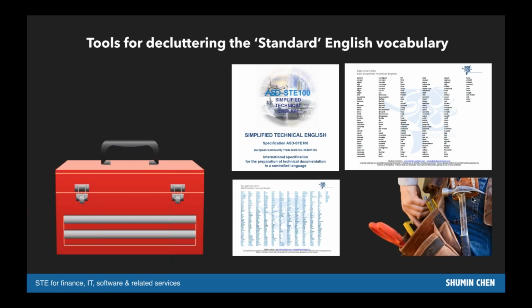So we introduced them to the idea of STE, and also showed that in order to declutter your standard English vocabulary, these are the few things you need. So a rummage in the toolbox will show that, okay, first of all, I need the specification, I need a worksheet to tell me which are the approved and non-approved verbs, and I need good solid training from an experienced trainer.